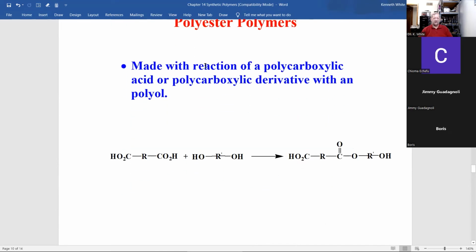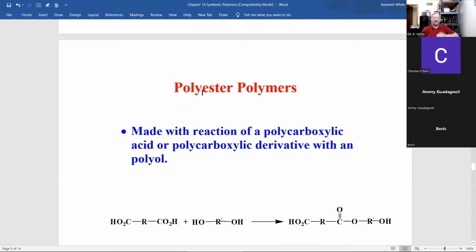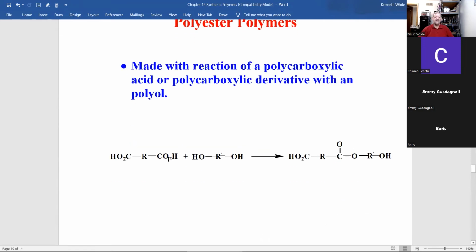Now, polyester is when you take a dicarboxylic acid and a diol, an alcohol, and you get this ester. Now, at this end, I still have more alcohol that can react with more of this. At this end, I have more of the carboxylic acid that can react with more of this, and it keeps on repeating and repeating and repeating like the Energizer Bunny. And it makes this.